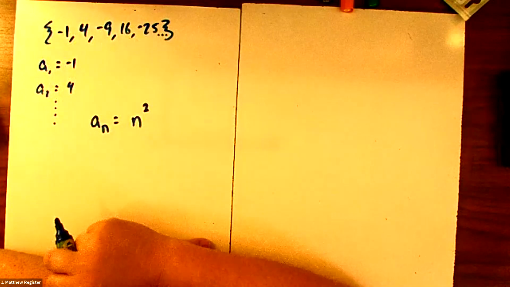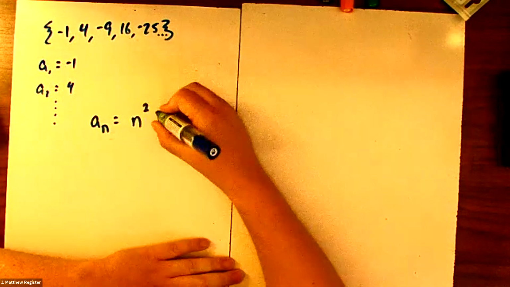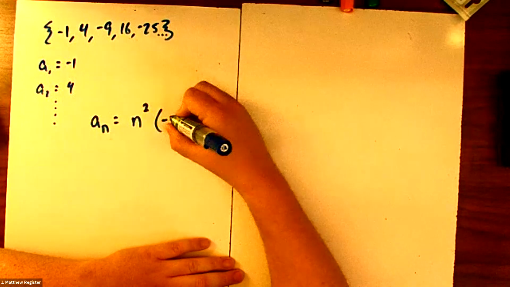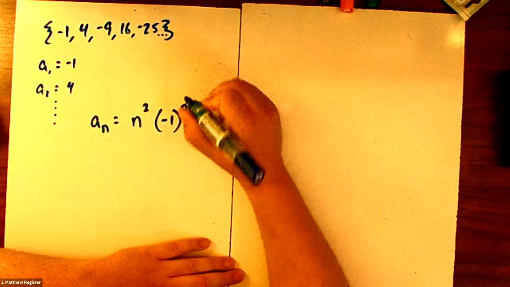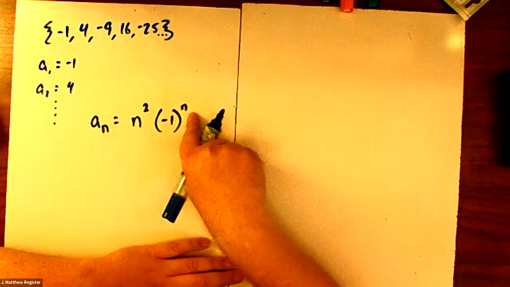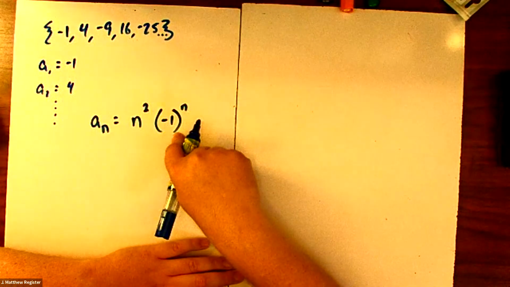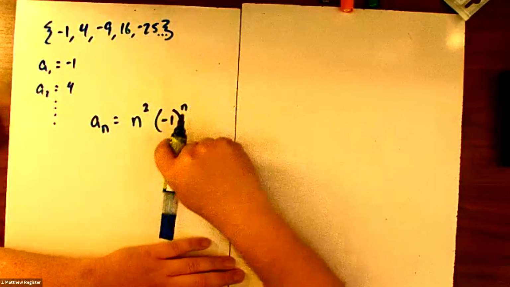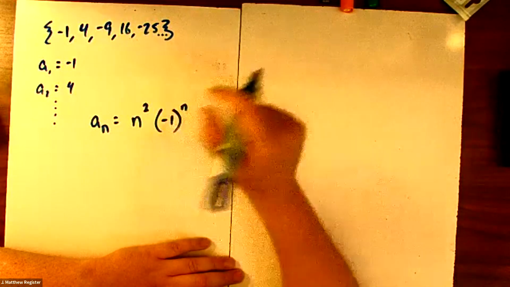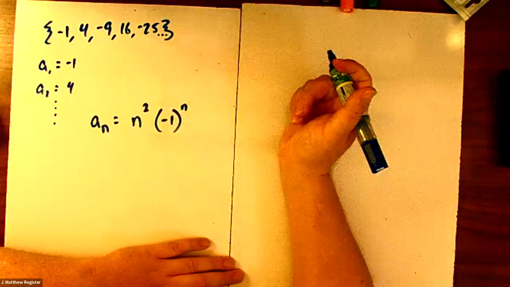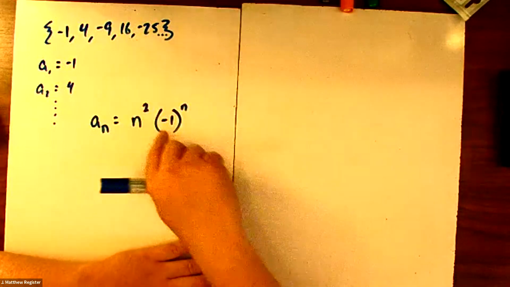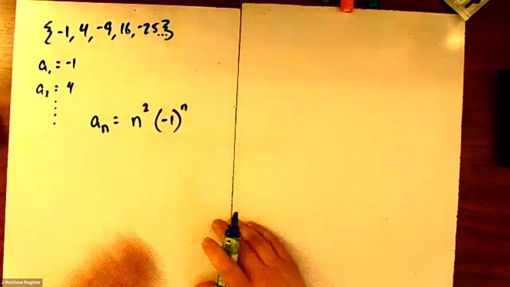We saw that behavior on that last problem. And that comes from something like this. Whenever n is an even number, this goes positive. Whenever n is an odd number, this goes negative. And so this would be the way of writing out this sequence.